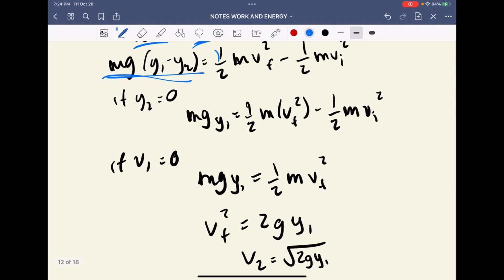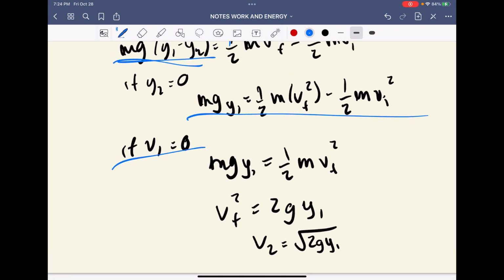And if y2 is equal to 0, then we have this. And if the initial velocity is equal to 0, we have this. Just take a time to look at it. Now mgy equals half of m times v final squared minus 1/2 m v initial squared.